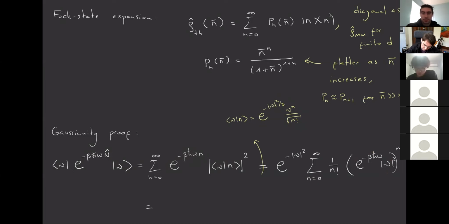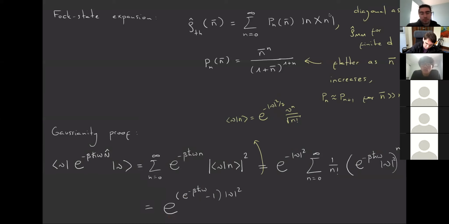So finally, we end up with an expression that looks a bit funny because it has exponentials in the exponent, but we don't care about that. What we find is an expression like this: we get the minus 1 from this exponential that is outside, and then we get this exponential of minus beta h bar omega in here, so minus beta h bar omega minus 1, times mu squared.